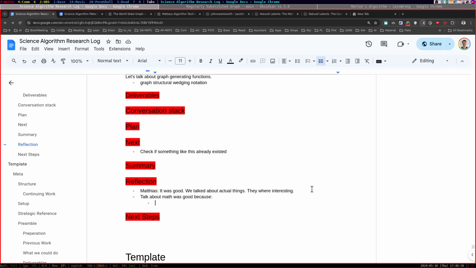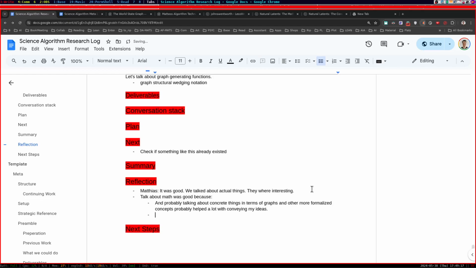Probably talking about concrete things in terms of graphs and other more formalized concepts helped a lot with conveying my ideas. It would be a usual occurrence before that I was trying to explain something to Matthias, but I failed because I was still confused about concepts myself and only tried to express them in vague conceptual language with minimal formalism, if any at all.